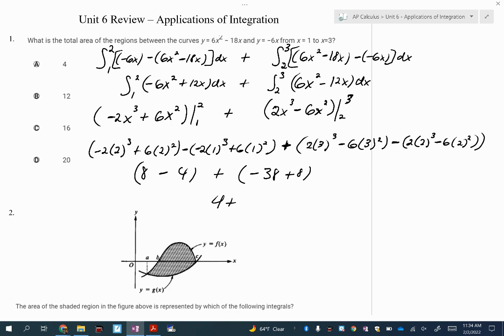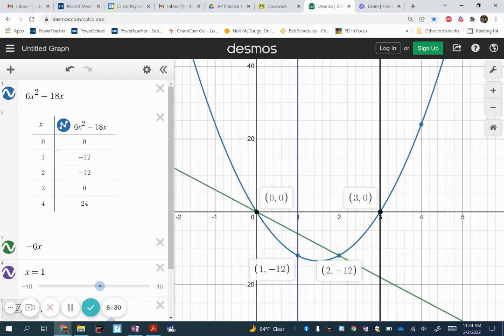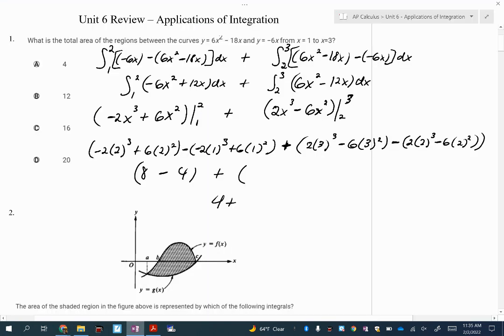That's something I did wrong. Hold on one second, let me find my mistake. Okay, I found what I did wrong. 3 cubed is 27, times 2 is 54. 3 squared is 9, 9 times 6 is 54. So that's actually 0 minus a negative 8, which becomes 0 plus 8. So 4 plus 8 is 12. Again, I apologize for that.